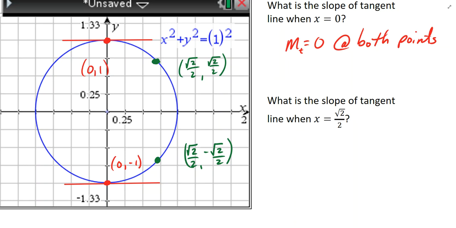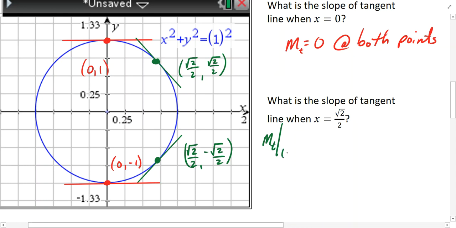But back to the discussion of slope. What's the slope at this position and what's the slope at this position? So I'm going to label it this way, m tangent, and then we'll use this vertical bar at (radical 2 over 2, radical 2 over 2).